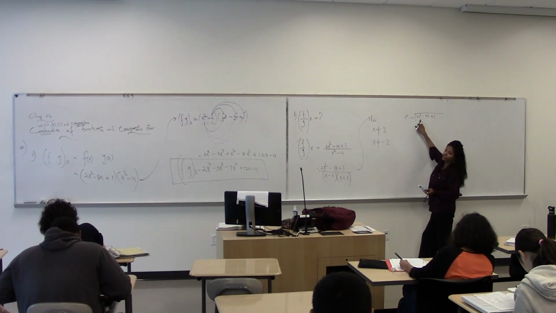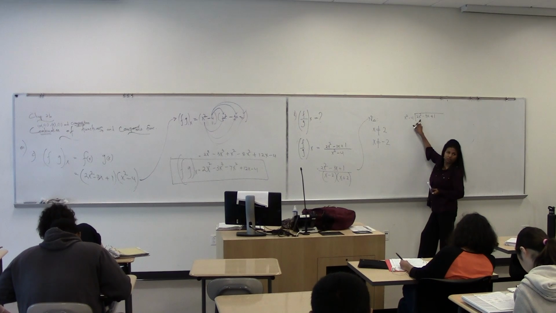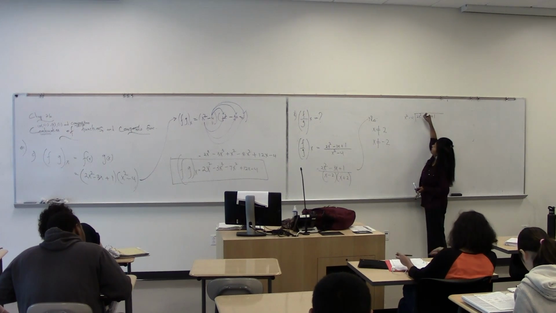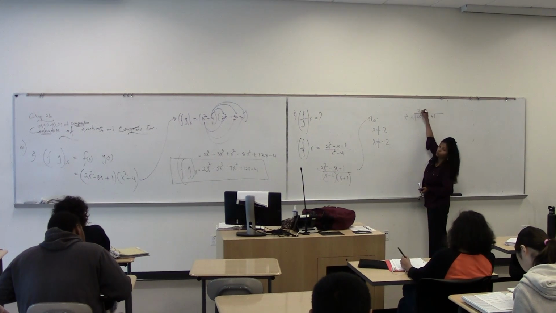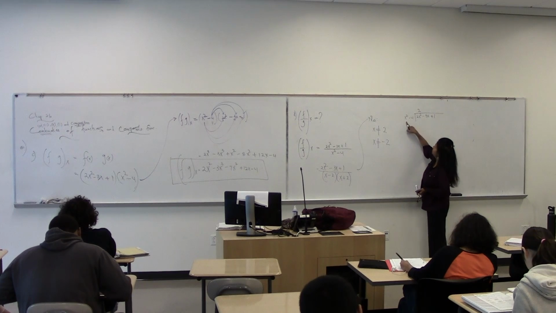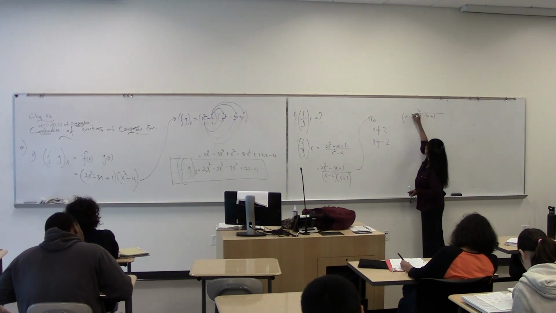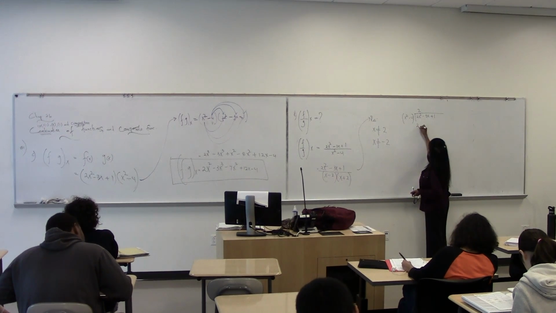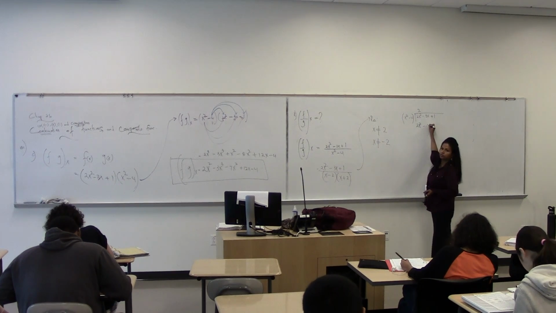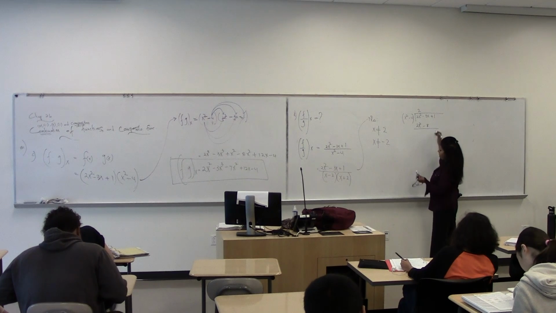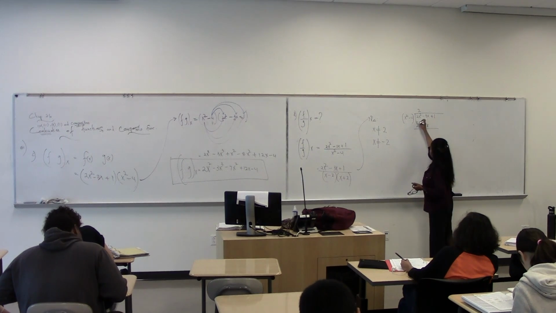I need to get rid of this term, so I need to write 2. Now just multiply this times this, so we get 2x squared minus 8. Subtract.